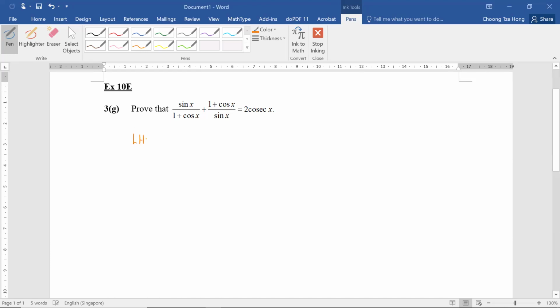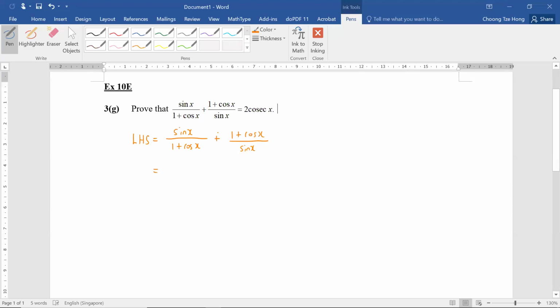Left-hand side equals sine x over 1 plus cosine x plus 1 plus cosine x over sine x. If you look at the first step, there really isn't much that we can do except to try to combine into a single fraction.